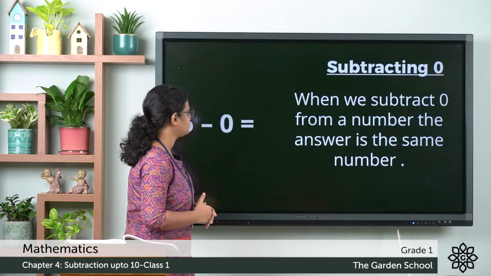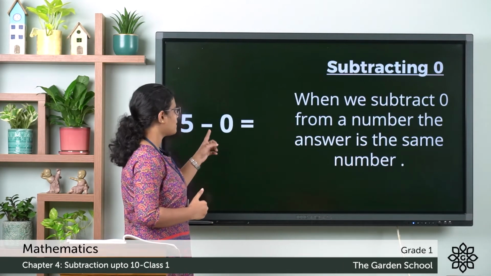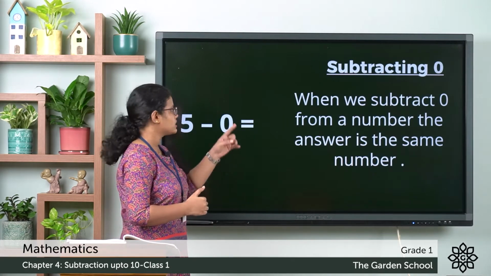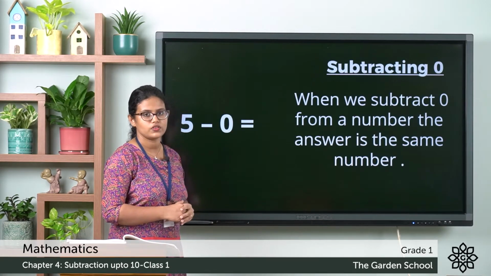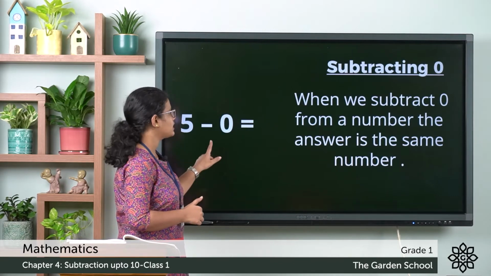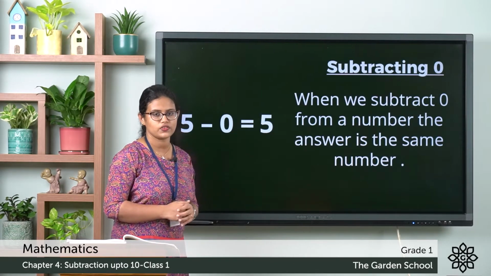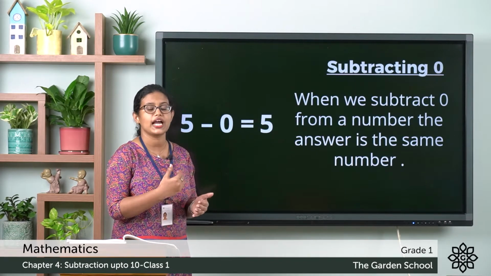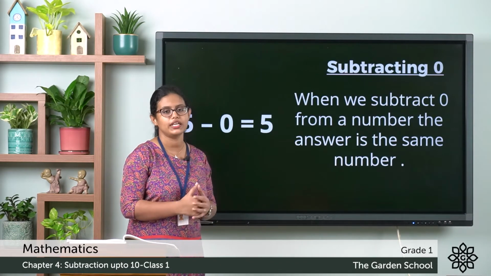See one example. 5 minus 0. So here you are subtracting 0 from 5. And what is the answer you get? The answer is 5.